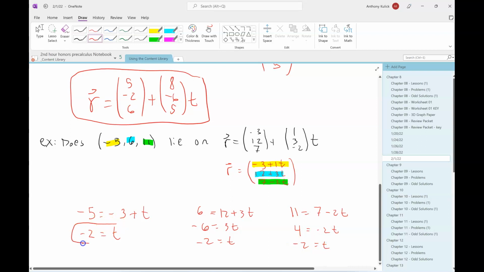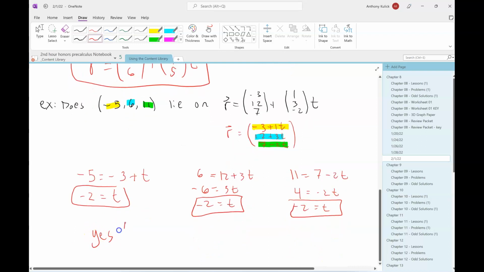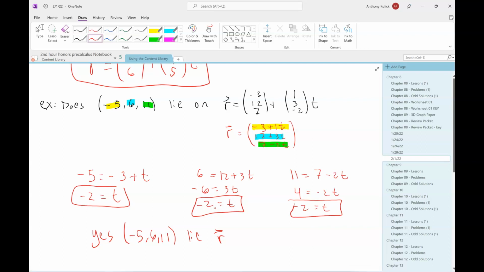Because we have the same value of t each time, we can conclude, yes, this point does lie on our line. If one or more of the t's are not the same, then we can conclude that point does not lie on that line.